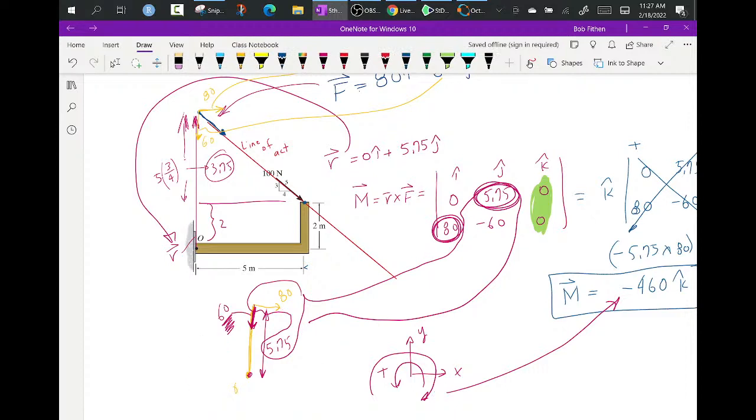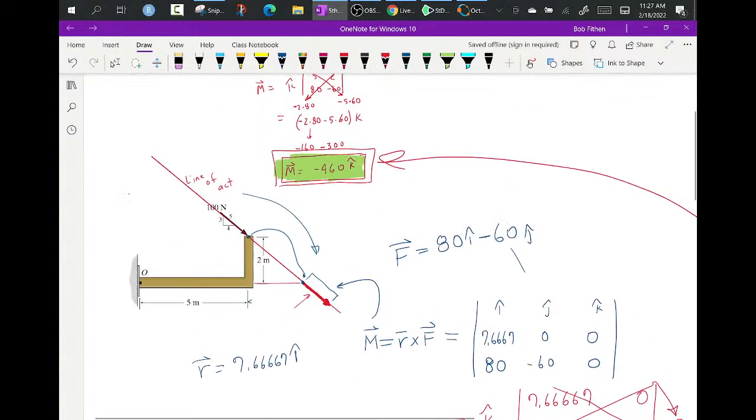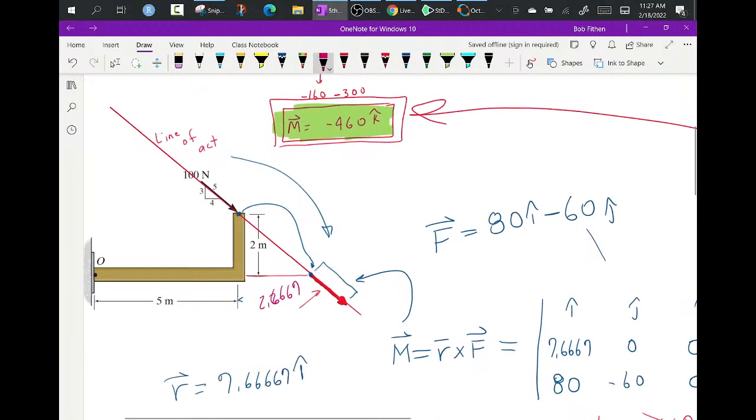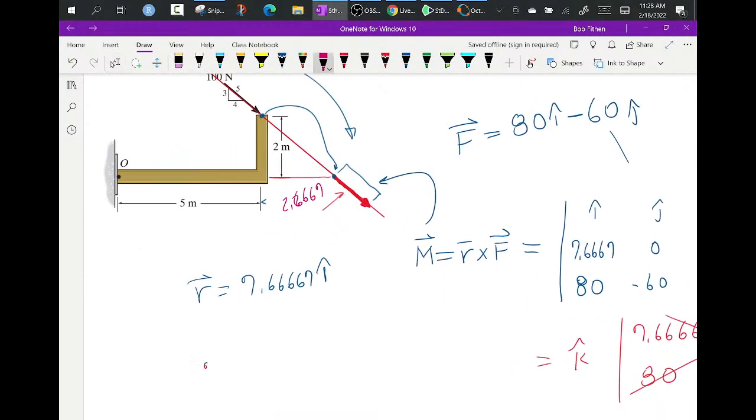Now, let's see this from the other example. I think it's up here. The other example is where I placed it here. I think this was 2.6667. Now, let's take this case in point. What we have is point O, right here.